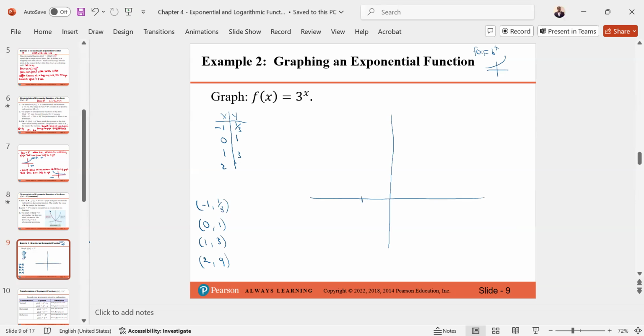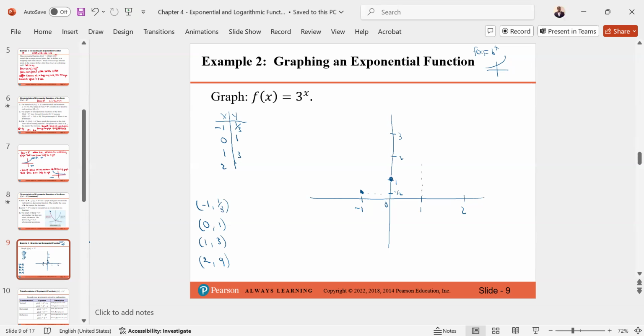Now I have -1, 0, and 1, and 1, 2, and 3 on the other axis. When x is -1, y is 1/3. Let's suppose 1/3 is here. This is our first point. When x is 0, y is 1.